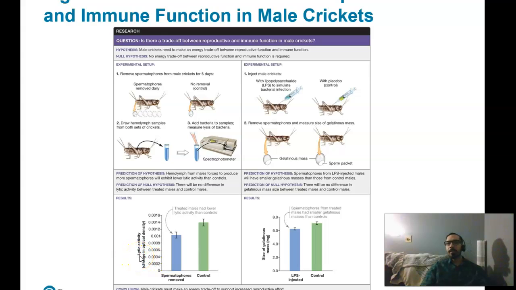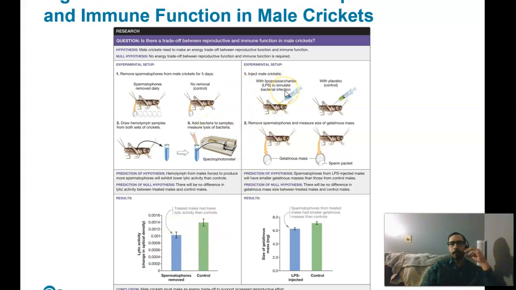Okay? Because lytic activity is the process of bacterial cells lysing, so ripping. That's when the cell membrane will rip. So that's what they were measuring.